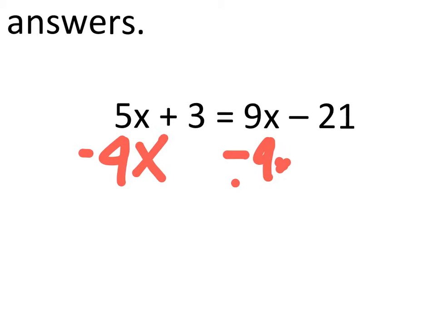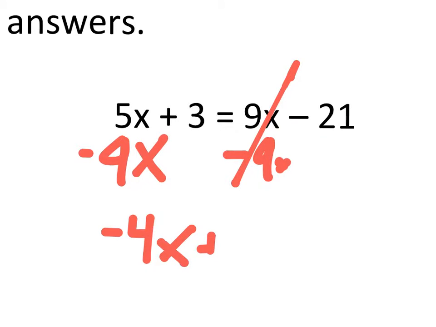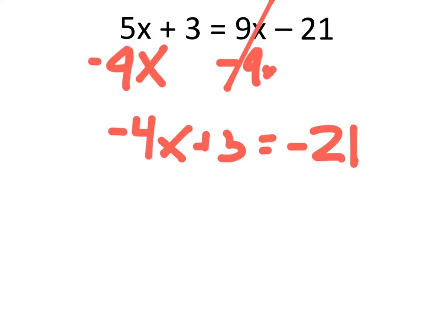When I do this, I'll cross off on this side, giving me a negative 4x plus 3 is equal here now to a negative 21. Once again, we get a really quick two-step equation.